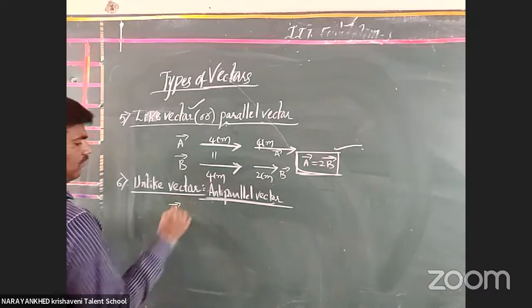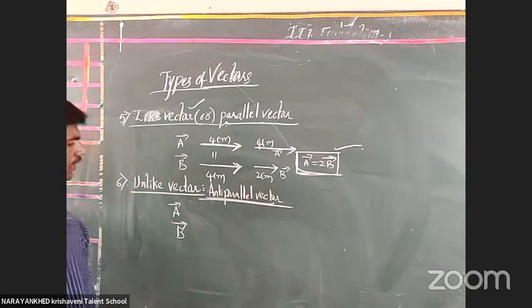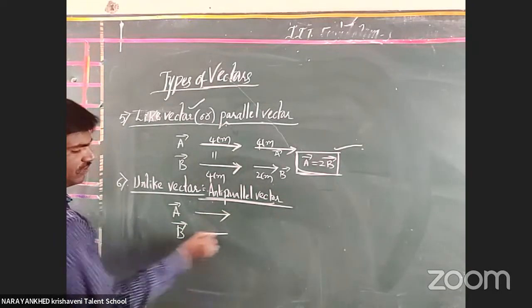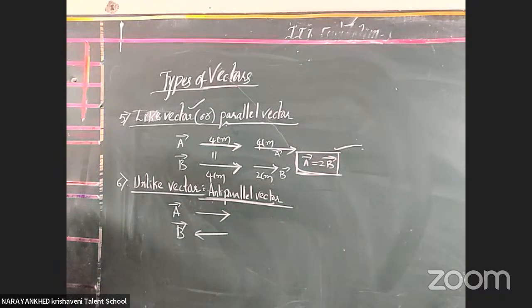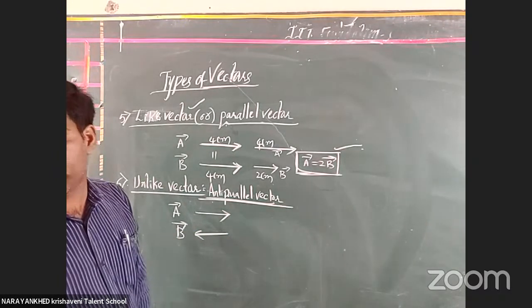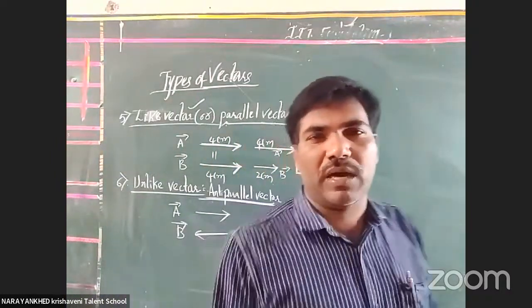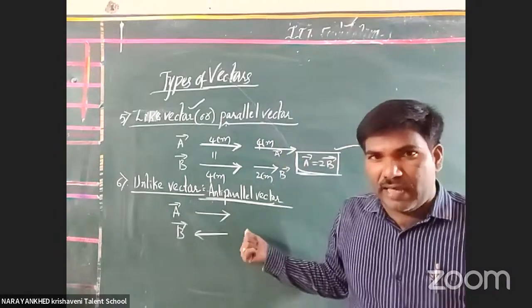This is taken as A bar and B bar. One vector is in this direction, another vector is in this direction. Either my magnitude is the same or not, but the direction is opposite. It is called an unlike vector.